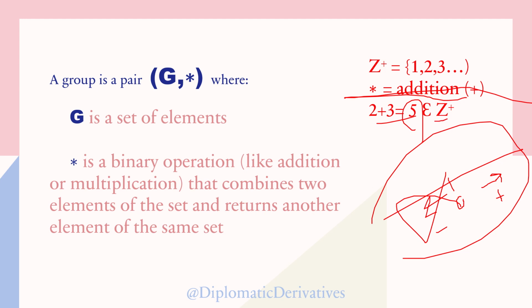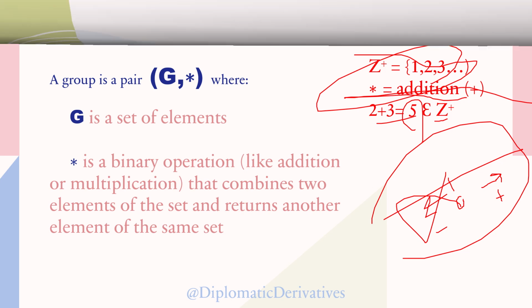So we say that this set is closed under addition. What we're saying is that the first rule, closure, is satisfied here. Now we did not apply the rest of the 3 rules. We have to ensure that all the 4 rules are satisfied, only then can we call it a group. So this is just an example of the first rule.